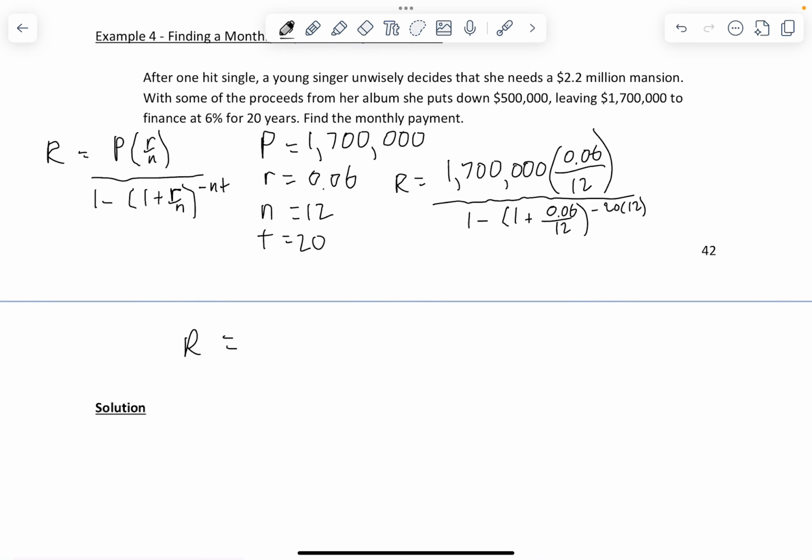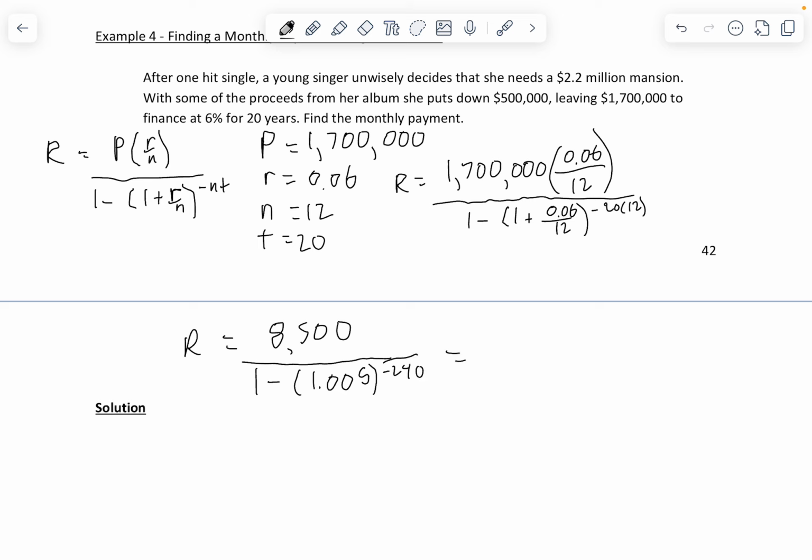So if I simplify this down, the numerator becomes 8,500, okay? In the denominator, I end up with 1 minus 1.005 raised to the power of negative 240. And that works out to be around, if I round to the nearest cent, $12,179.33 as a monthly payment. That's a lot of money to pay every month. So she better hope that her next album does well too, if she wants to make those sorts of payments.